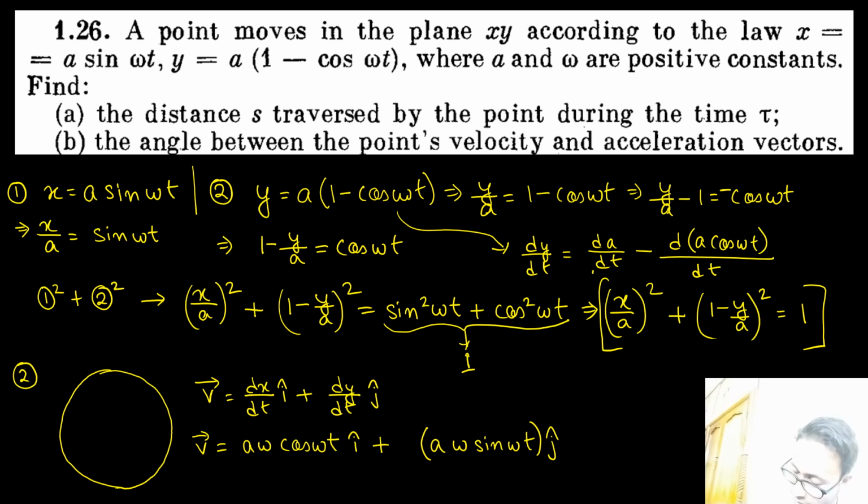This is constant and this would be 0. This would be nothing but minus of minus a omega sin omega t, and this minus and this minus become plus, and the remaining is a omega sin omega t. That's what I wrote here, a omega sin omega t. Understood? So let's erase this one.